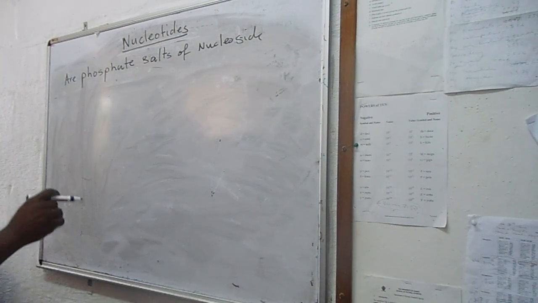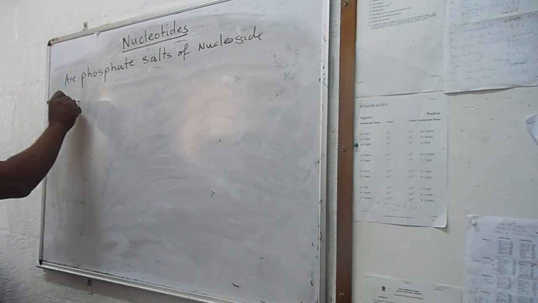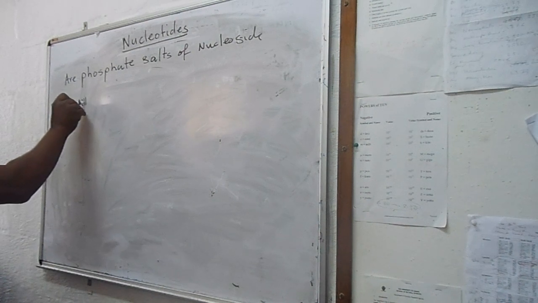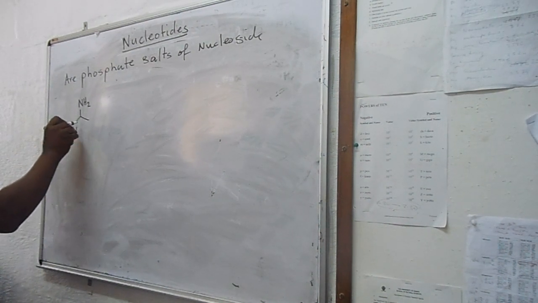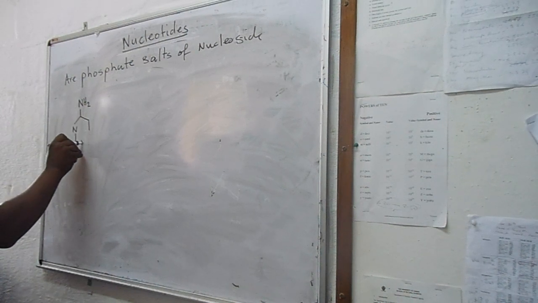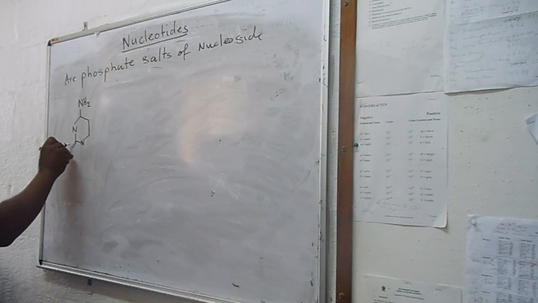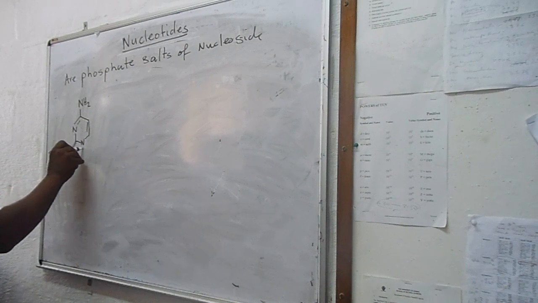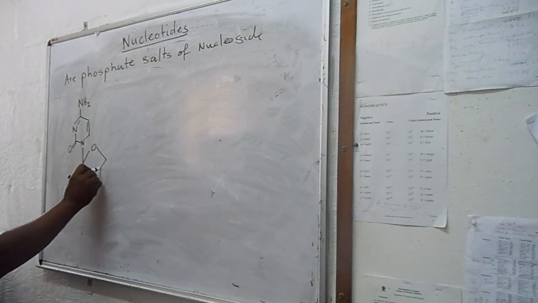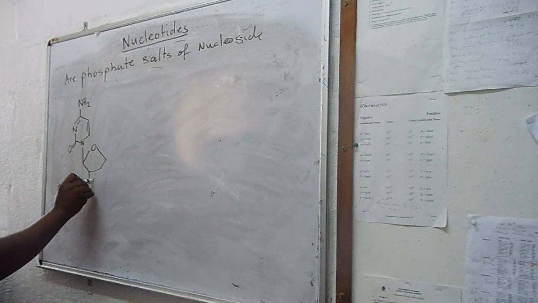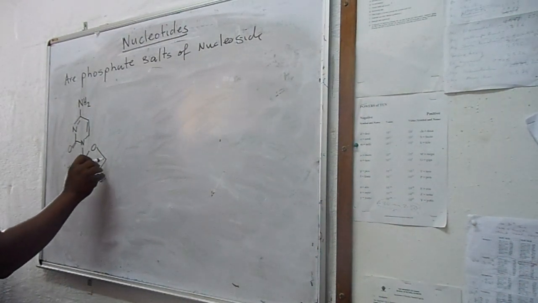Example, if we look at cytidine, I'm drawing cytidine. This is cytidine, that is cytosine connected to a ribose sugar. This is our ribose sugar.